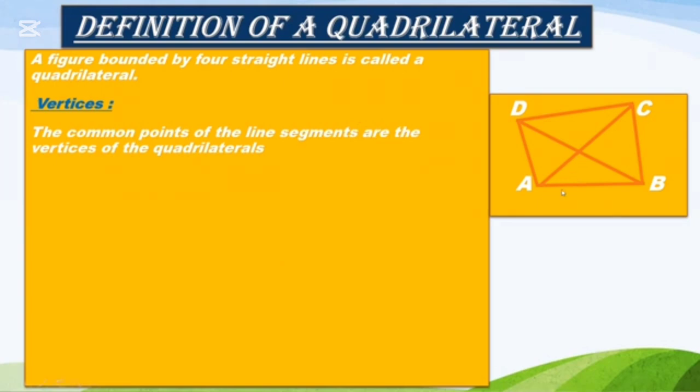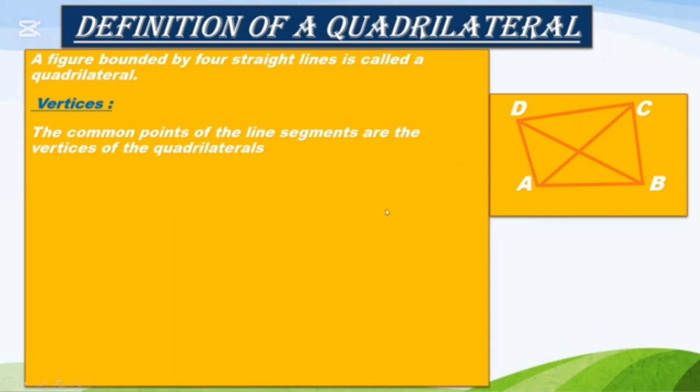Here you can see that for lines AB and AD, the common point is A. In the same way C and D. These are called the vertices of quadrilaterals. If I talk about only A, it is the vertex of quadrilateral, and if I'm talking about all the vertices, the plural of vertex is vertices.